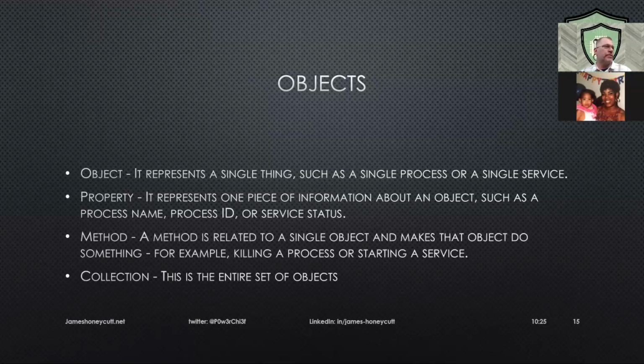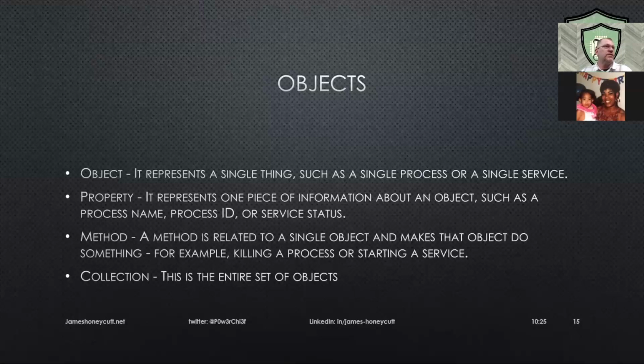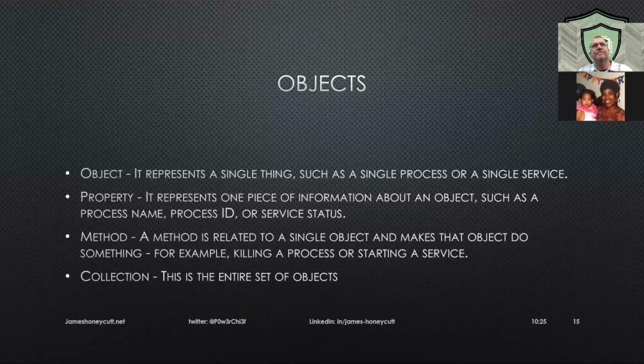So the color is a property of the bicycle. Methods. Methods are things that it can do or you can do to it. Meaning you can ride the bicycle, or you can put the bicycle on a stand. I don't know, bad analogy, but methods are things that you can do with it.